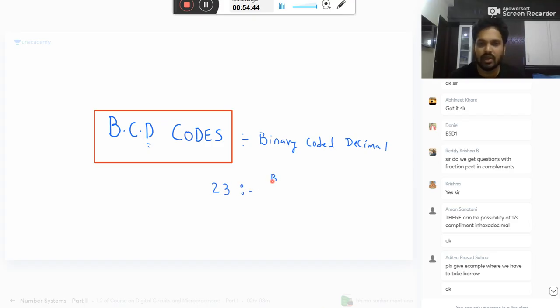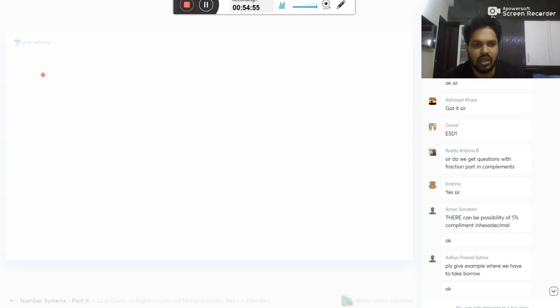What is the binary equivalent of 23, by dividing with 2 and all those steps? With the 8421 code I have written it as 10111.